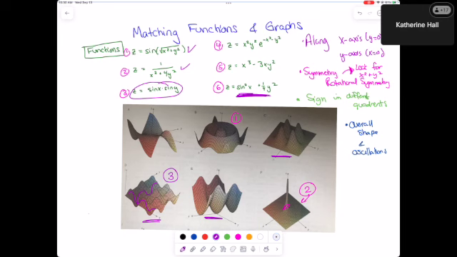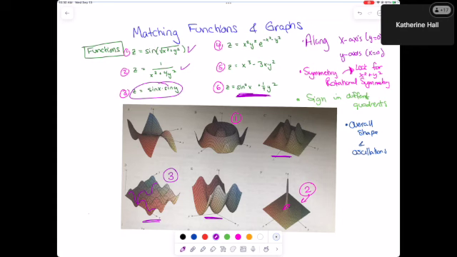For that one, could it ever be negative? No, why not? Yeah, I've got a sine squared and then a quarter y squared. So both those quantities are squared and squared quantities are positive. So it's going to have some oscillation, but it's always going to be positive. So when x is constant, forget about the x term, the y should look like a parabola.